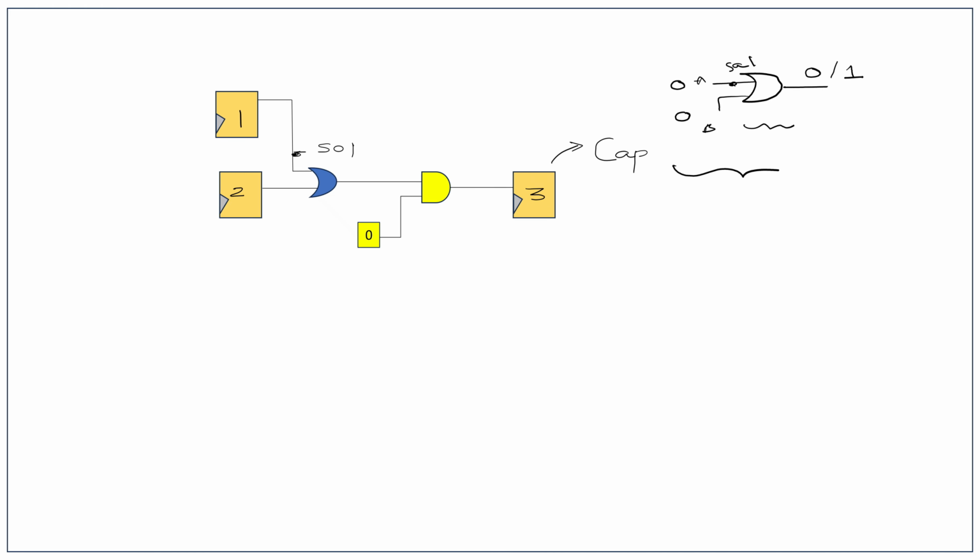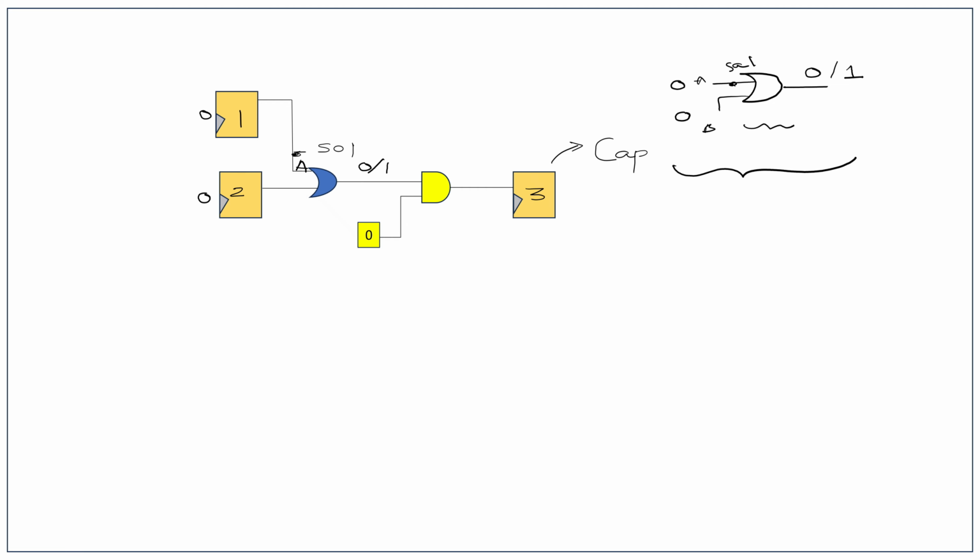Taking this as a baseline, now again I have to test the stuck-at-1 fault on the A leg of this blue OR gate. Going by the same analogy, at the end of shift I would load the scan flop with 0, this scan flop with 0, and at the output of the OR gate, 0 is the fault free value and 1 is the faulty value.